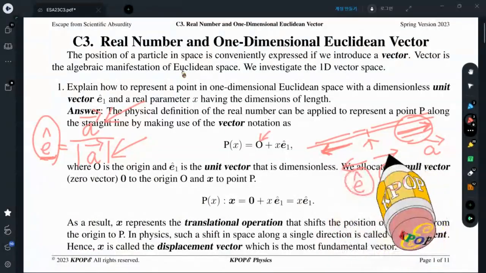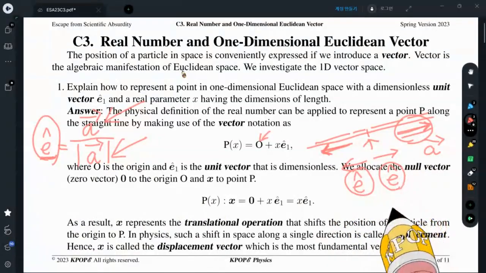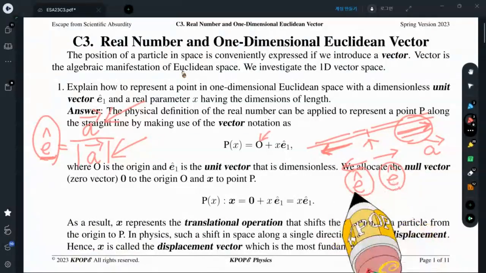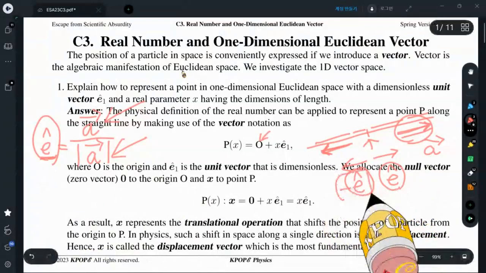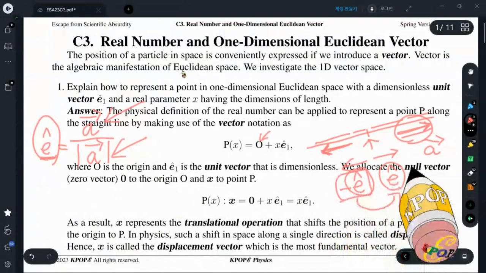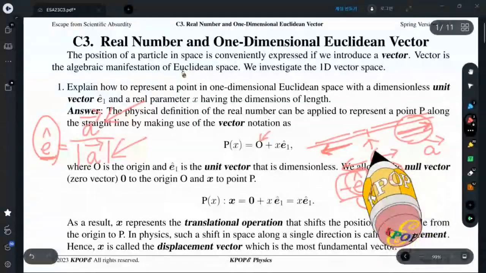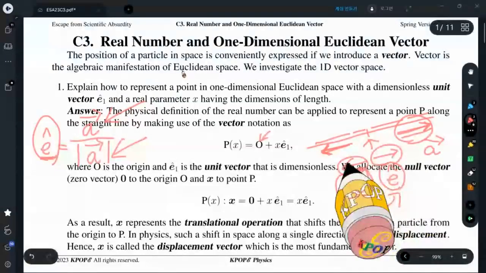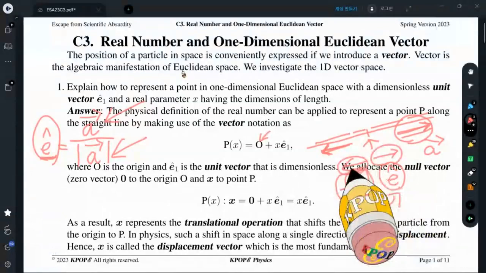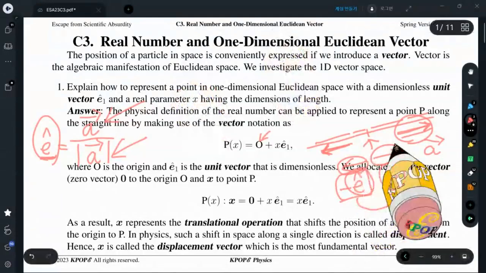So only two possibilities, and they are linearly dependent. If I multiply a negative sign on it, then it flips to the other direction. Choosing either to the right or left, one of the two directions, just depends on your preference.